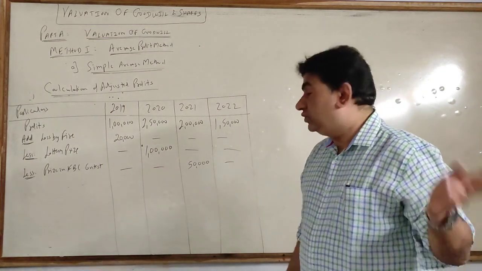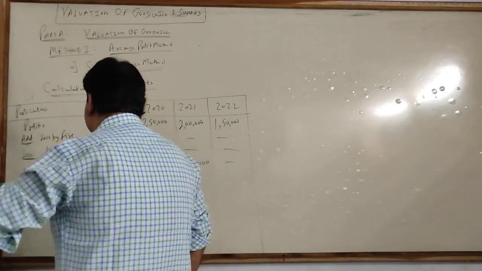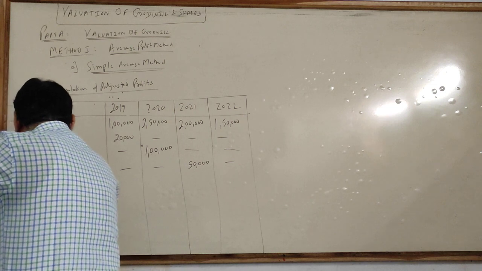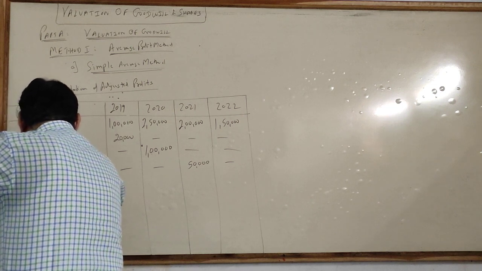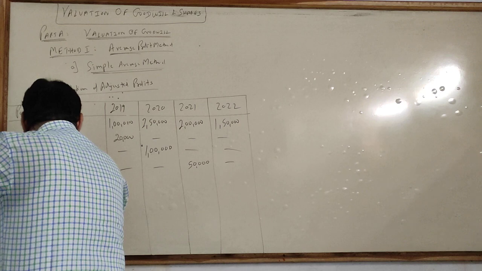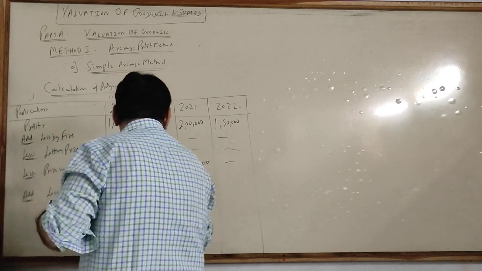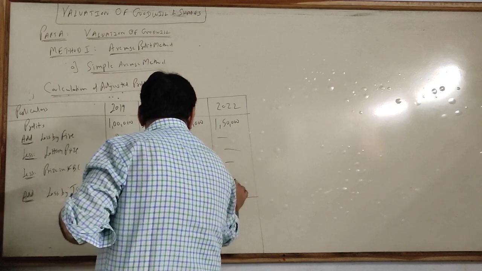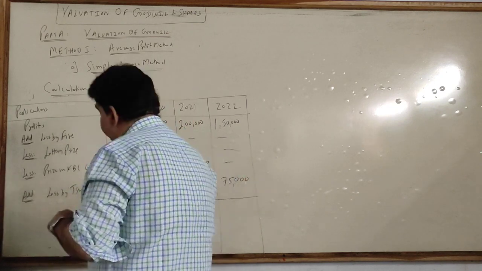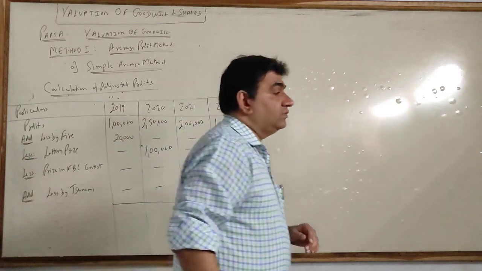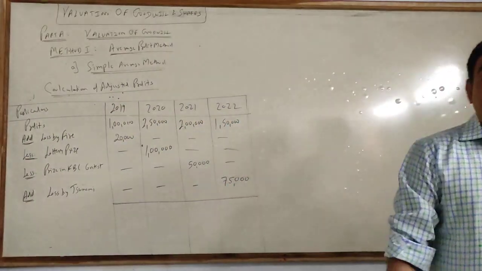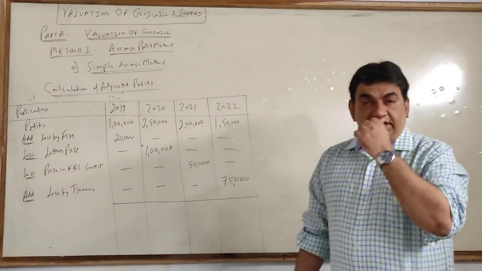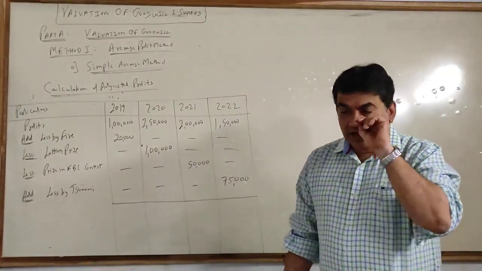So what I do, to get back to my original profit, I will add it. So add loss by tsunami. It is only affecting the last year. So add 2022 में 75,000. Add 2022 में 75,000.